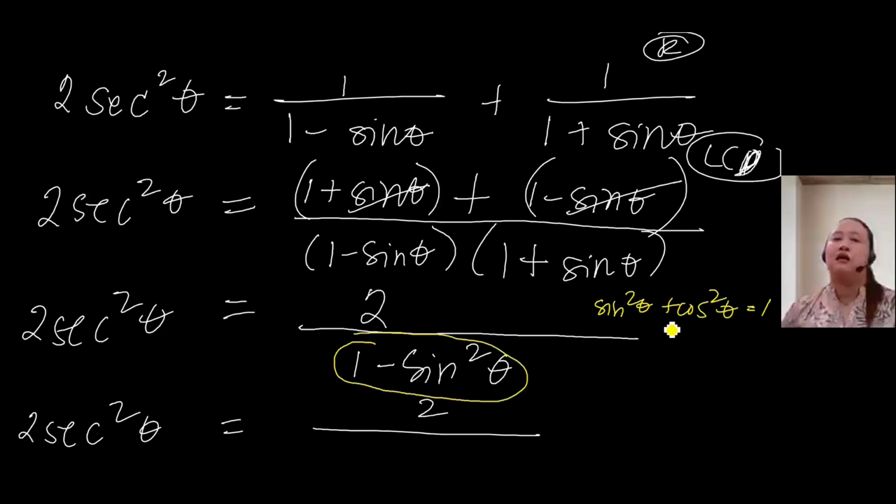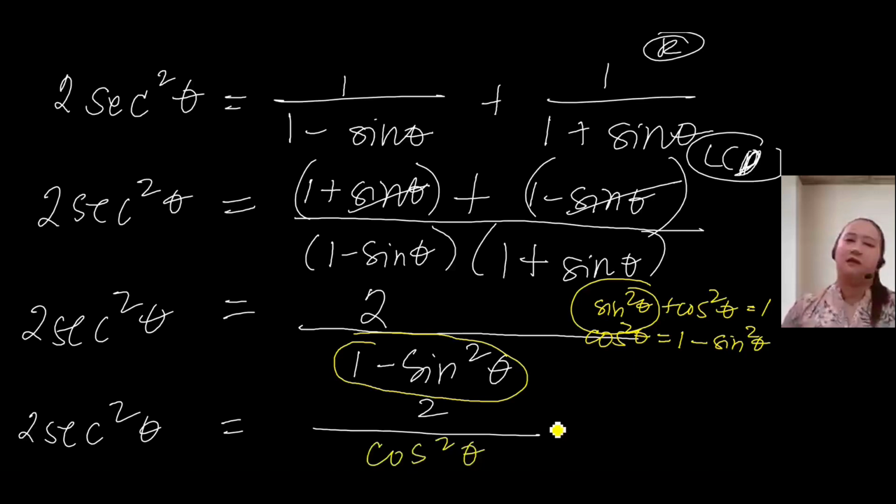Writing the cosine squared theta on the left side, and then we have 1 on the right, and then sine squared can be written on the right side. So it will become minus. So 1 minus sine squared theta is equivalent to cosine squared theta. Okay?